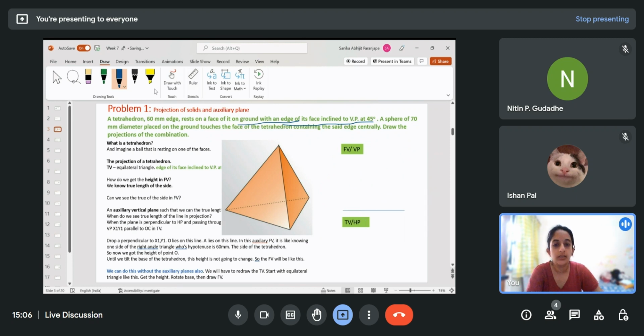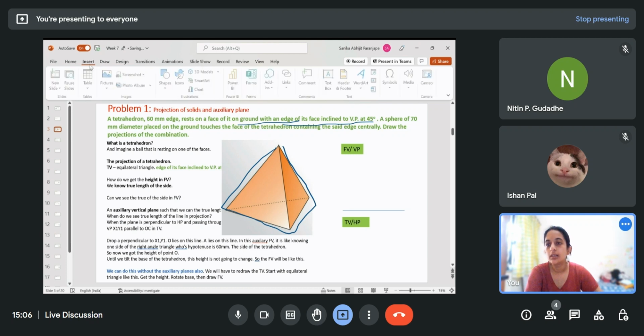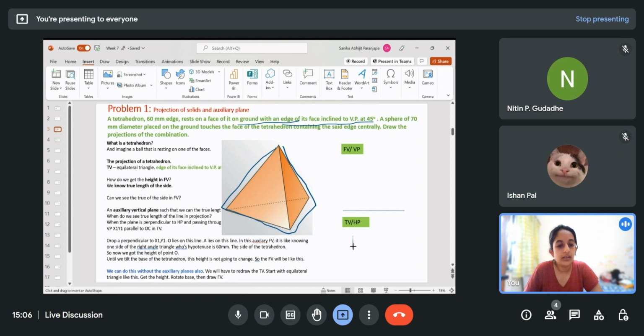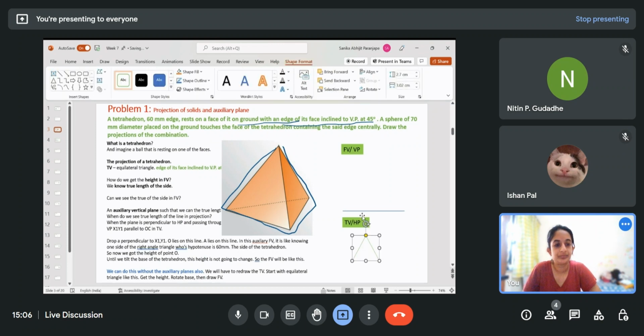So this is a tetrahedron that I have shown here, this one. So let us start with top view. So in top view, what will we see? We will see an equilateral triangle like this. So this equilateral triangle could be in this way, it could be this way, whichever way you want it.